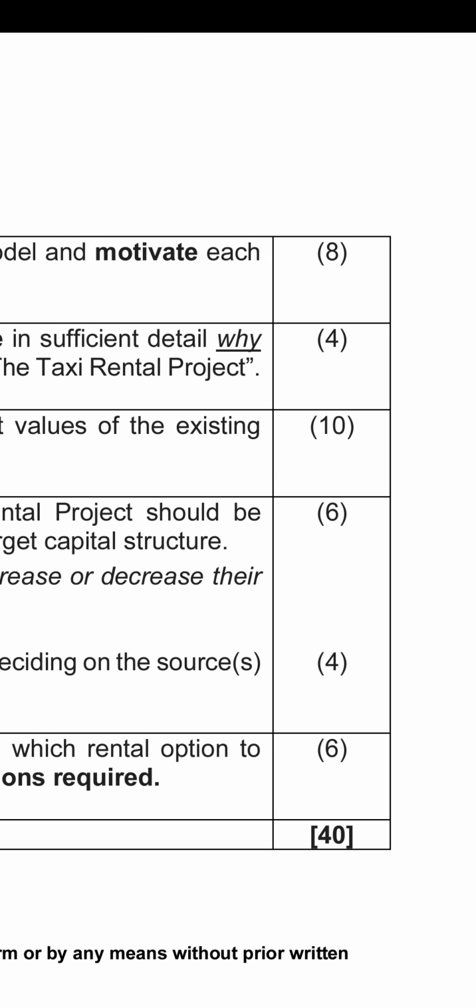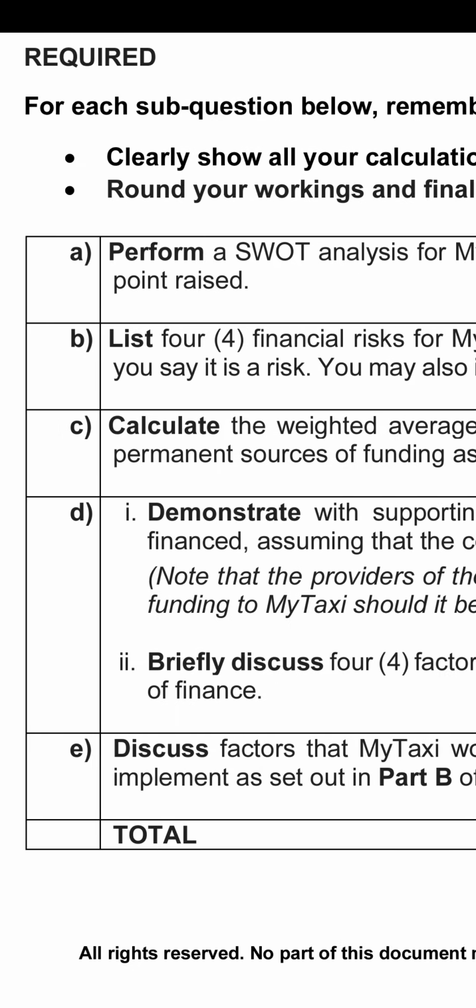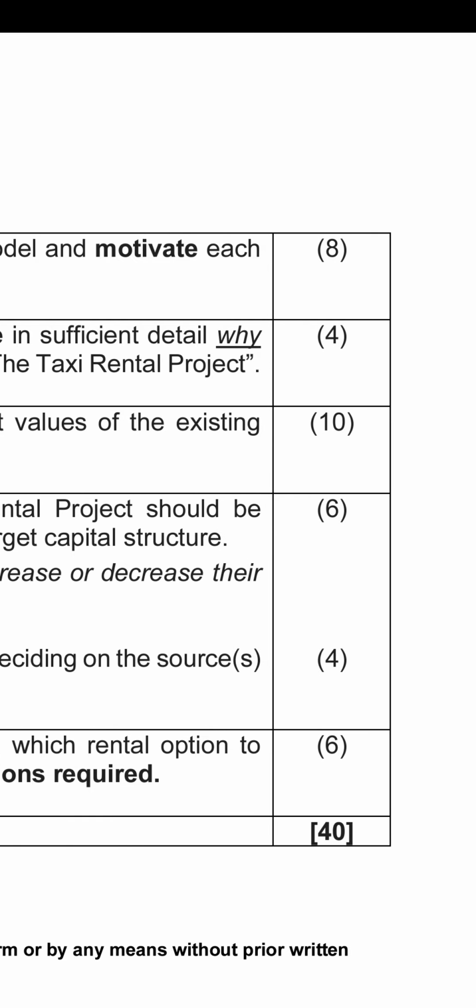So 8 times 1.5, meaning 12 minutes maximum should be going to your SWOT analysis. 4 marks for your risk assessment. So 4 times 1.5 is 6. So 6 minutes should go maximum to your risk assessment question, right?